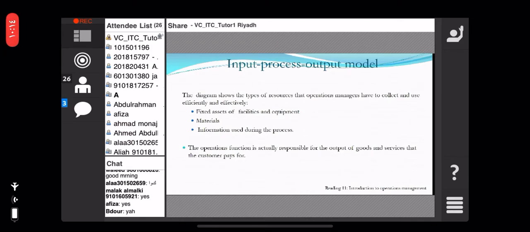The diagram shows the types of resources that operations managers have to collect and use efficiently and effectively. The operations manager is the one who manages the operation. In a bank, these are called operations, the activity, the work inside.